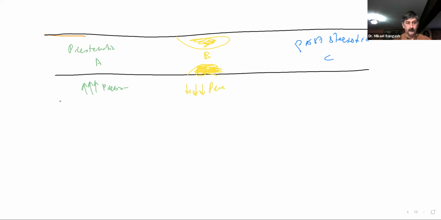And here we have a pressure that was great, but it was lesser than what we had pre-stenotically. So now, based on all this, we will talk a bit about what they call the pressure flow relationship.